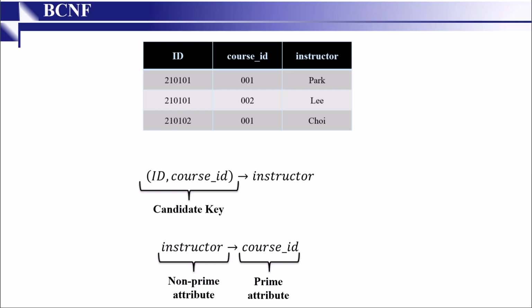The dependency instructor determines course ID holds, meaning each instructor teaches one course, but instructor is a non-prime attribute and course ID is a prime attribute and it violates BCNF. This could cause anomalies, like if we update the course for one instructor in one row but not for the others. So BCNF requires that only super keys determine other attributes.